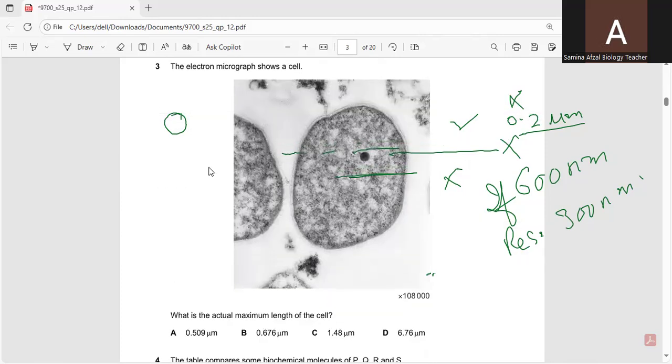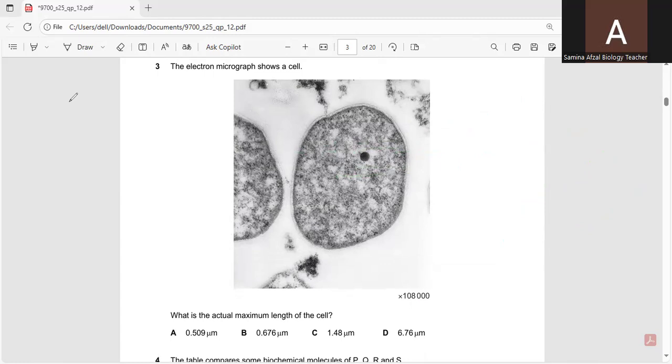Question number 3. The electron micrograph shows a cell. What is the actual maximum length of the cell? First of all, you must know the formula for the magnification. Magnification is equal to image length over actual length.